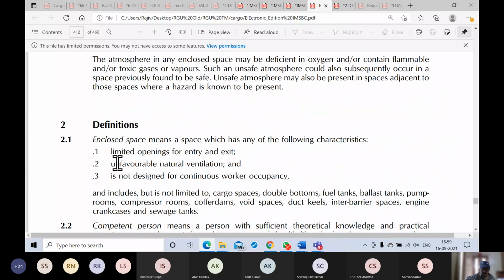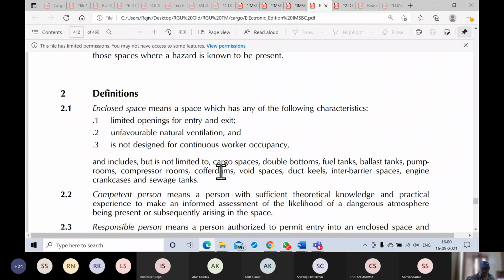Now, this is something you will need to remember. Enclosed space definition. Enclosed space means any space which has any of the following characteristics. One, limited openings for entry and exit. Two, unfavorable natural ventilation. Thirdly, not designed for continuous worker occupancy.